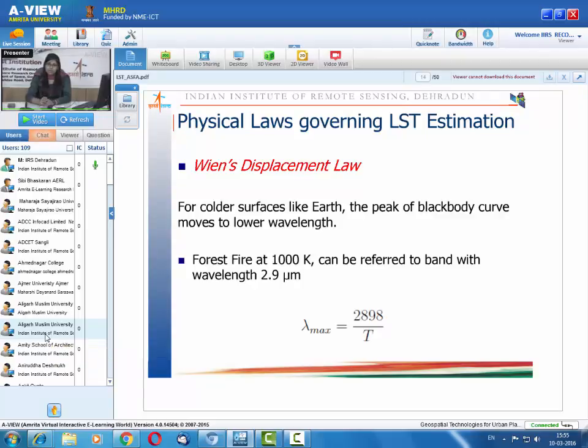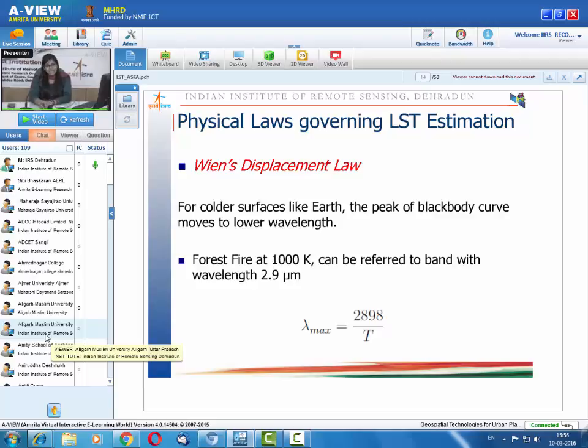Depending upon the formula, lambda max is 2898 upon T, where 2898 is a constant. For a certain temperature, if you know the kinetic temperature of the surface material, you can easily find out at which wavelength that object can be identified within thermal remote sensing.